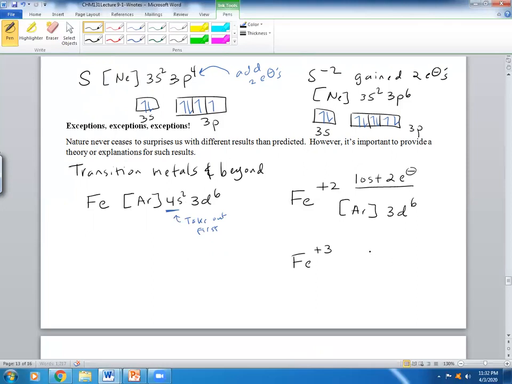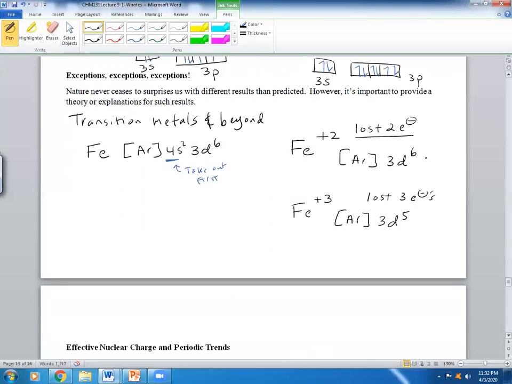Well, what about 3+? It means you lost 3 electrons. So what do I start taking from? Well, you start taking 2 from here, and then you have 1 more you take out from there. So it would come to be argon 3d5.